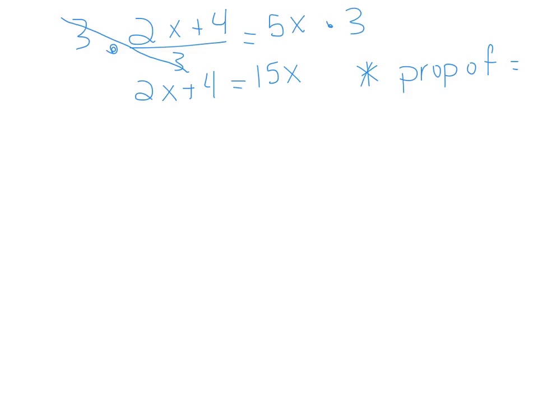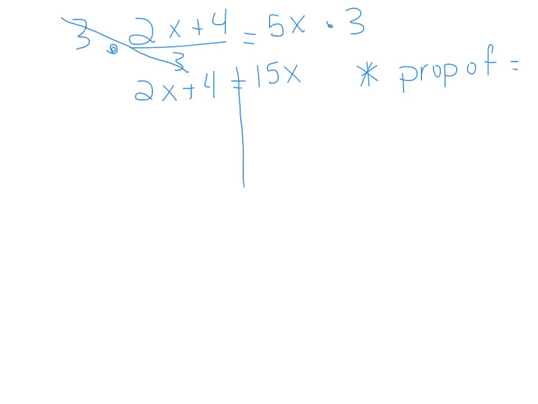Now, if I keep looking at this problem, I'm going to draw my line down. I have x's on both sides, and I need to move them. I'm going to move the 2x to the side where the 15x is, because if I move that 15x away, there's nothing left over there. And I want there to be something on each side. I want to get all the numbers on the left side and all the x's on the right side.